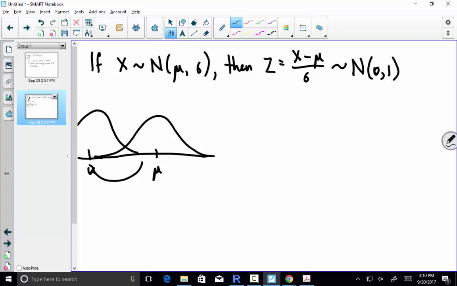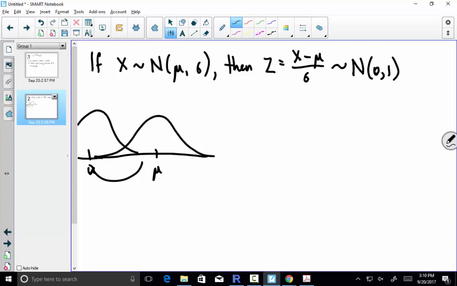Subtracting mu and then dividing by sigma, we still have a normal random variable. Subtracting mu means that the expected value, the average, is going to be 0 because we have shifted everything by mu. And dividing by sigma makes the variance and standard deviation equal to 1.